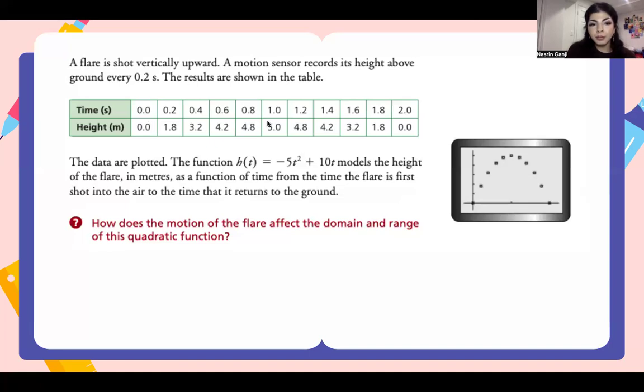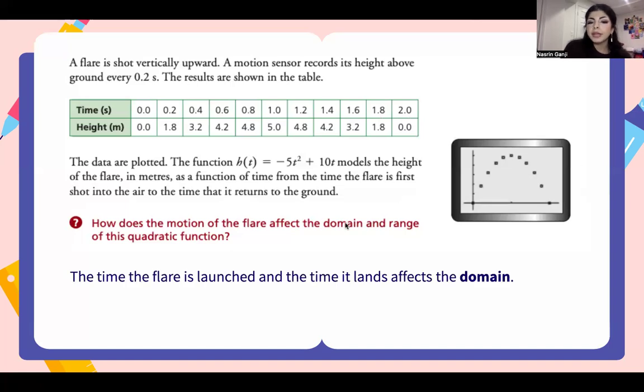And if we are looking at the height here, we will see that at time t equals 1 second, the flare has reached its maximum height of 5 meters and it goes back down, and at t equals 2 seconds, the flare has landed back on the ground. So the time the flare is launched and the time it lands affects the domain. So here, that will be the time between 0 to 2 seconds.